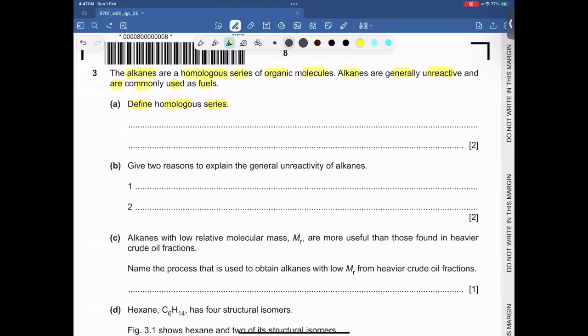A homologous series is basically a series which differs by a CH2 group. The CH2 group is also called a methylene group.